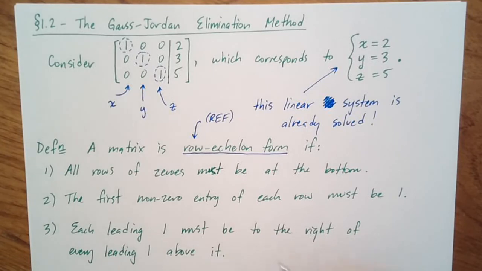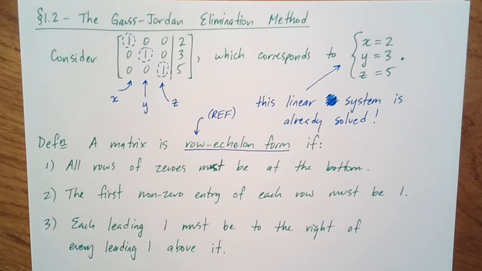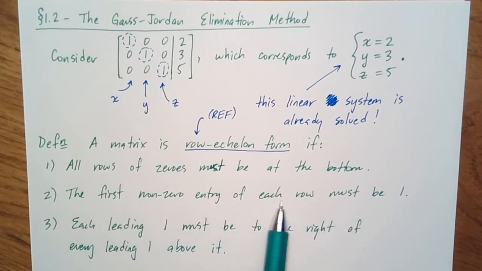Now, I've actually just started using some terminology here: leading one. So I'm going to tell you exactly what I mean by leading one. In property 2, it says the first non-zero entry of each row must be a 1. The first non-zero entry of a row is referred to as a leading entry.